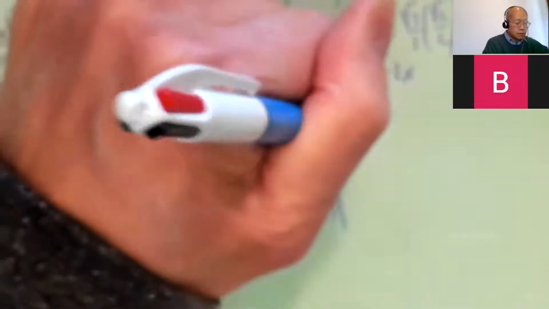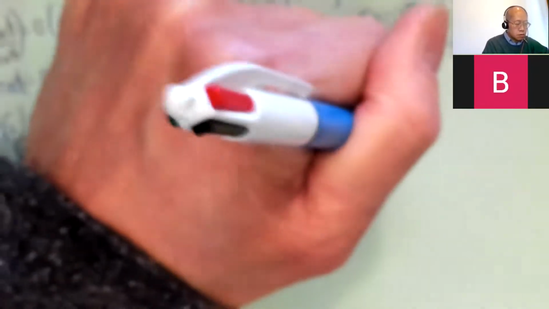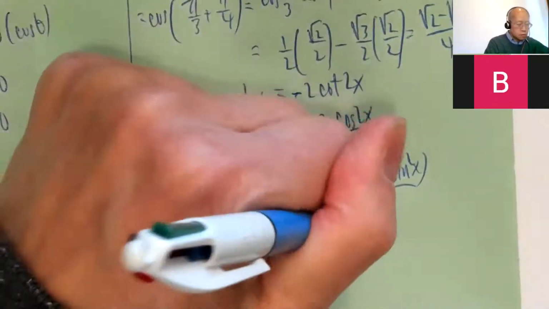On this side, I don't like the double angle, so let's get rid of it right away. Negative 2 cosine 2x over sine 2x, which is negative 2 times cosine squared x minus sine squared x, over 2 sine x cosine x.